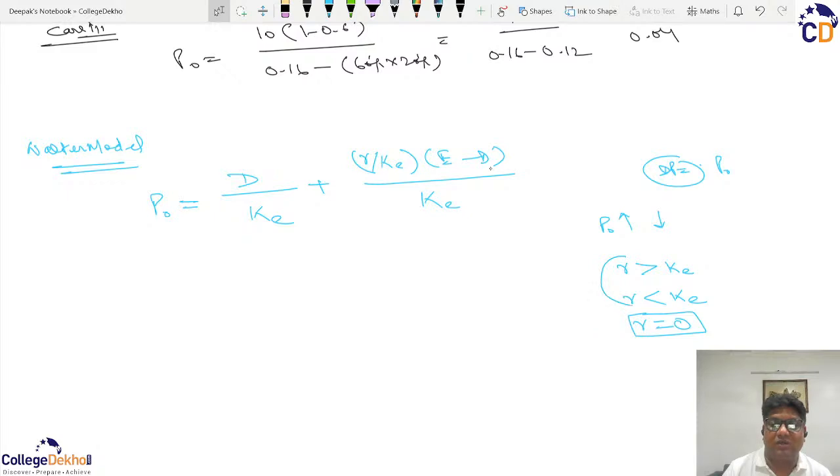If that is not the case, in these two scenarios, different DP ratios will affect the market price of the share. So both the Walter model and the Gordon model justify the effect of dividend policy on the value of the equity share. And this we will do in detail in our further sessions to come.